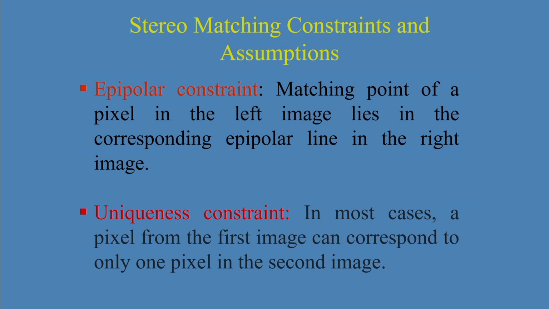So, I am giving another example in which the uniqueness constraint is not satisfied. I am showing one diagram here. Suppose I have one object, a surface, and I have the left image and the right image. Corresponding to this point I have this projection.